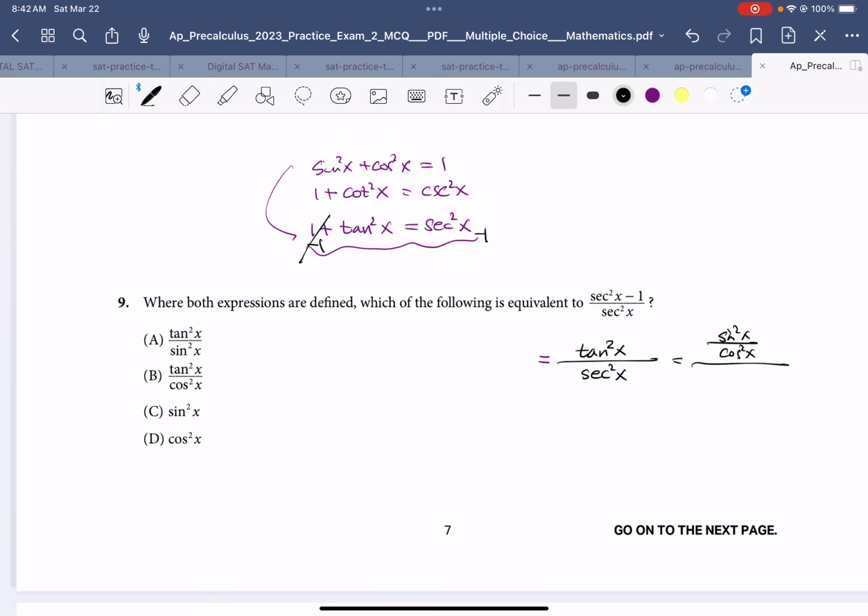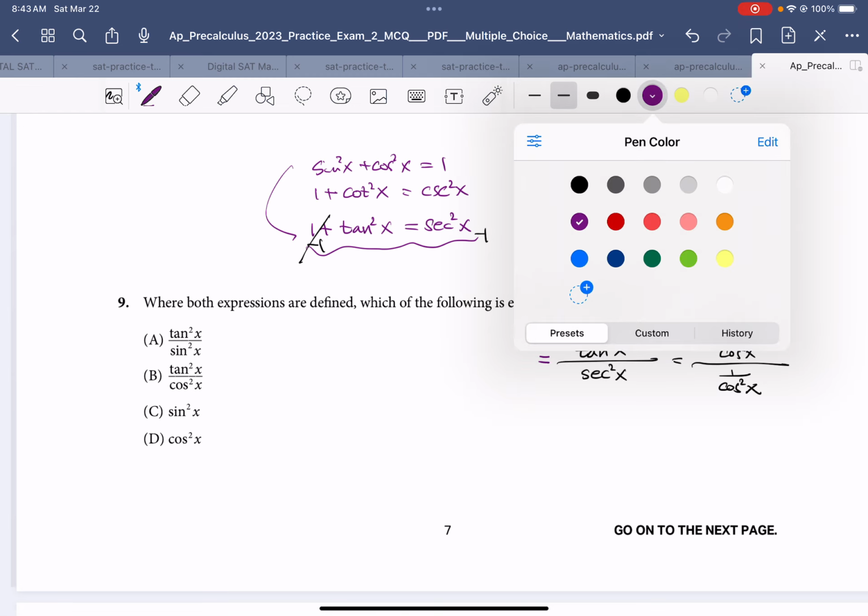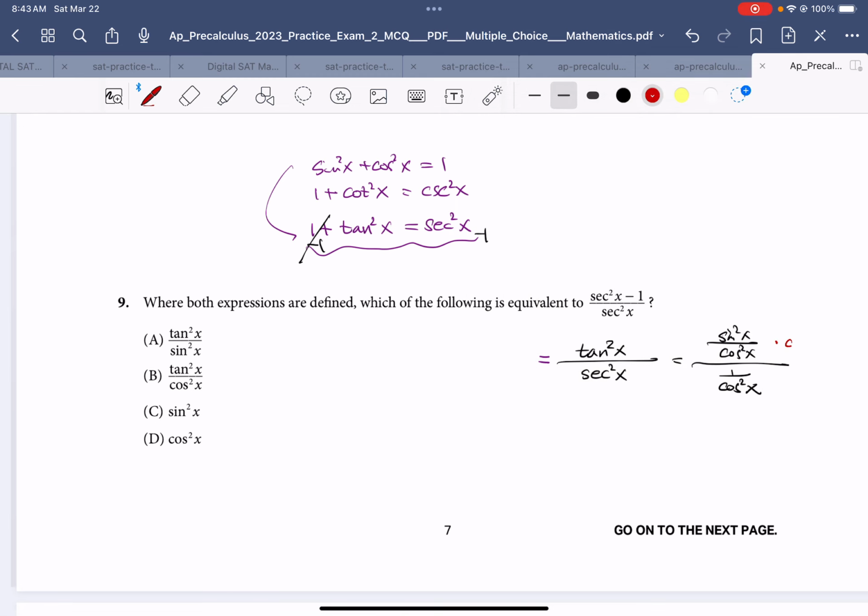And secant is 1 over cosine, so secant squared is 1 over cosine squared. Okay? And then if you multiply cosine squared on top and bottom, this one cancels out. So you end up with just sine squared x. So the answer is C.